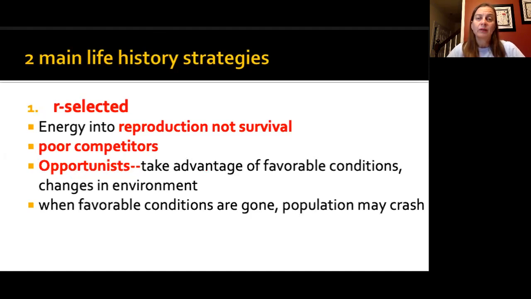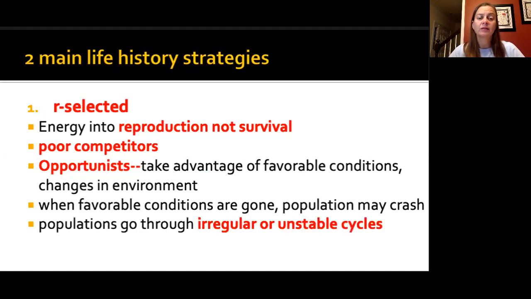That also means that when those favorable conditions change, the population is likely to crash. So we're going to see these go through unstable cycles very often. R-selected strategists tend to have population spikes when conditions are favorable, and then population crashes when conditions are unfavorable.